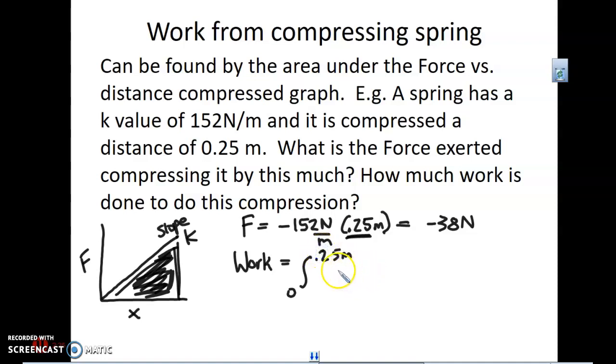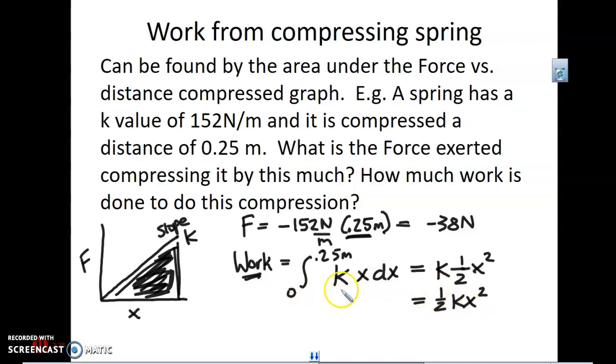Again, you don't need to know how to do this, but ultimately you pull that K out as a constant and integrate, and you come up with a formula of 1/2 kx squared. So if you want to know the work that's being done, that again is your energy formula for elastic potential energy, or work energy, same thing.